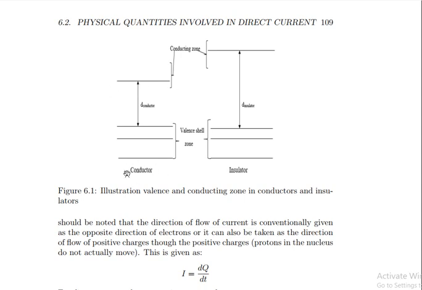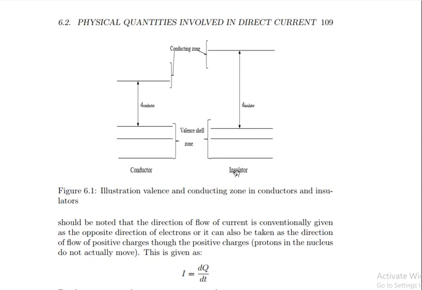For conductors, the distance, and thus the energy, separating the conducting zone from the valence shell zone is smaller compared to insulators. So a small energy which comes from the potential difference can be enough to move the electron to the conducting zone for it to conduct current.